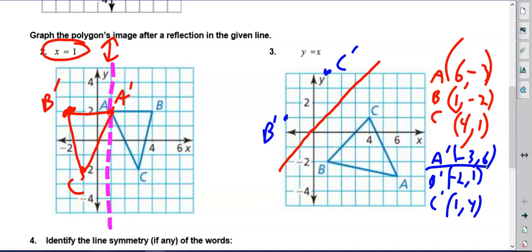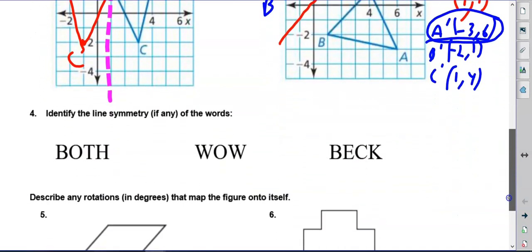This is 4, so 6 is going to be approximately up here. Just do your best with it. Okay? Having this right here makes it easier to see where you're estimating. So good always to show your work.